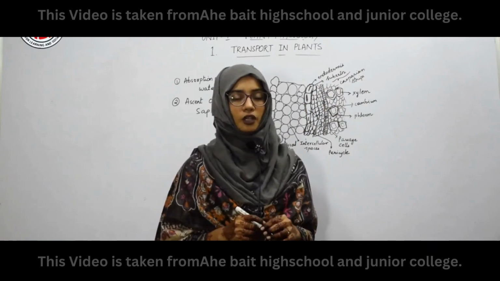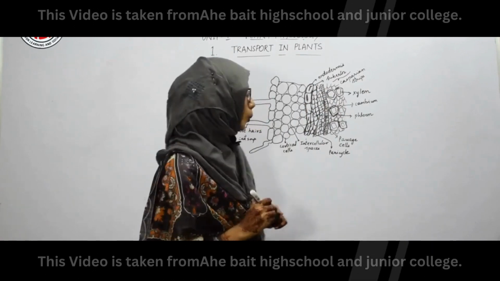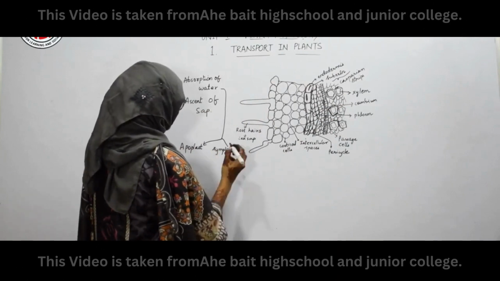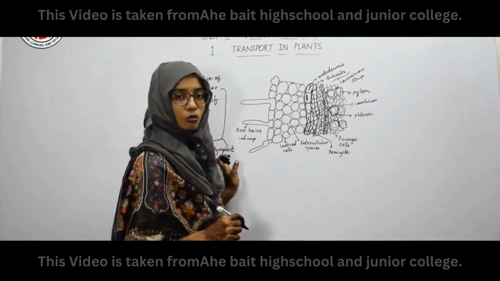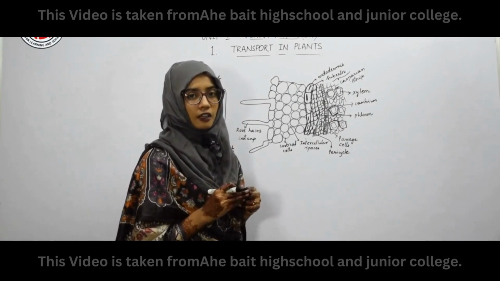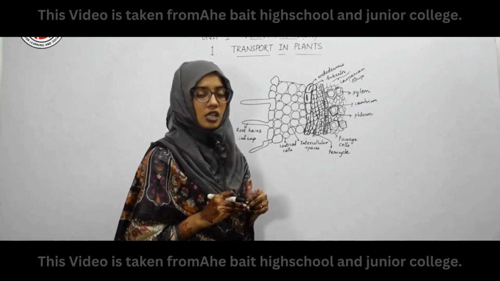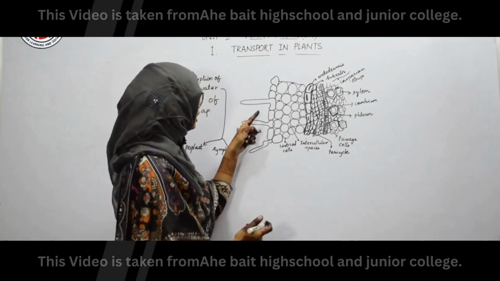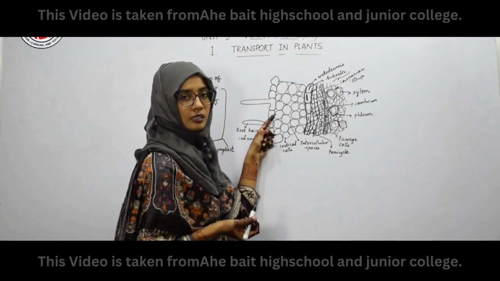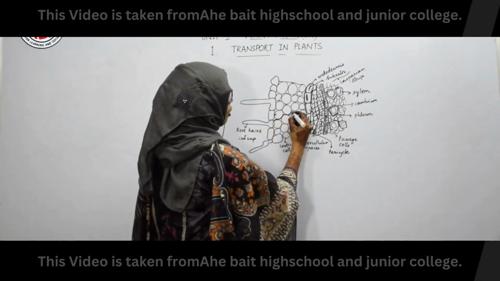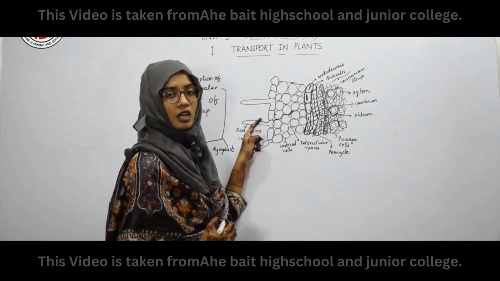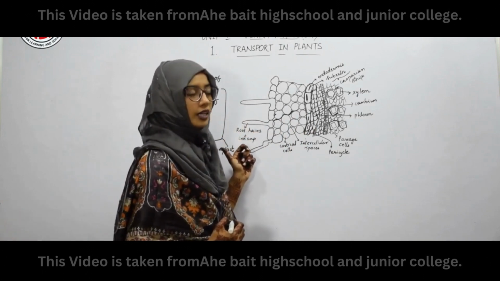The movement of the water takes place by two means. They are apoplast and symplast. The apoplast movement shows that the water moves only through the cell wall or through the intercellular spaces. The water cannot move inside the membrane. It cannot cross the membrane of the cells. It only moves through the cell wall or through the intercellular spaces. So this type of movement is known as apoplast movement.